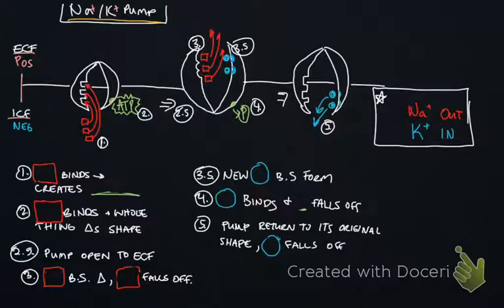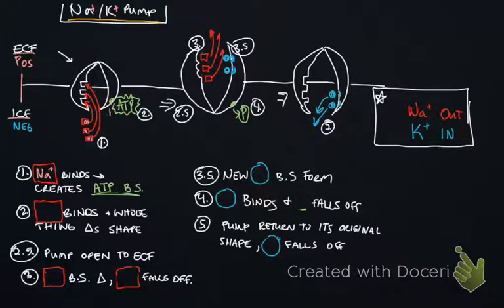So in its original conformation, the sodium-potassium pump, which is a protein, it's an active transporter pump, which means we're going to use ATP. The very first thing that happens is 3 sodiums bind, and that creates an ATP binding site.